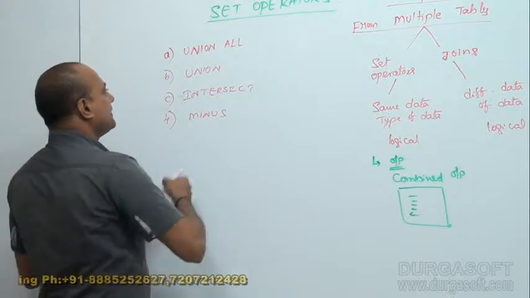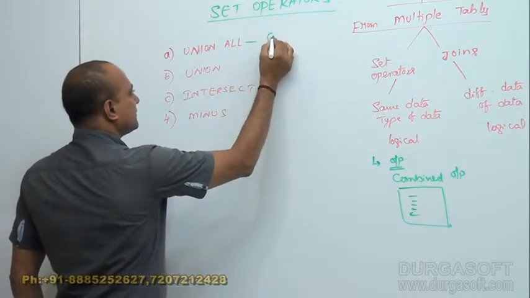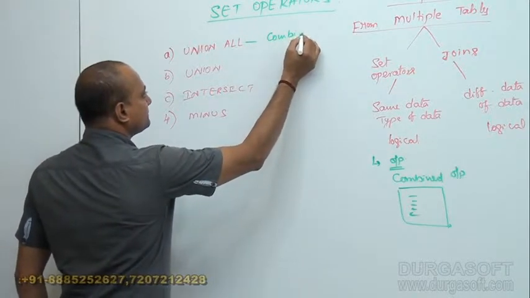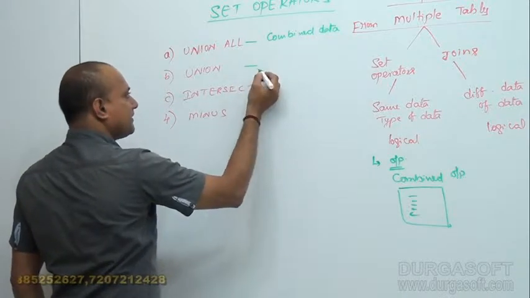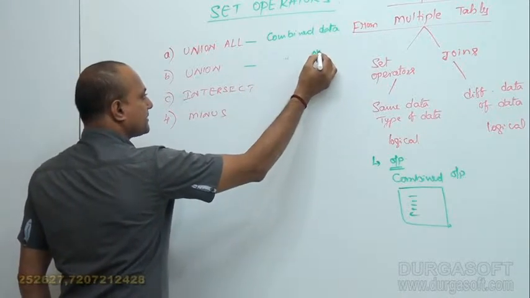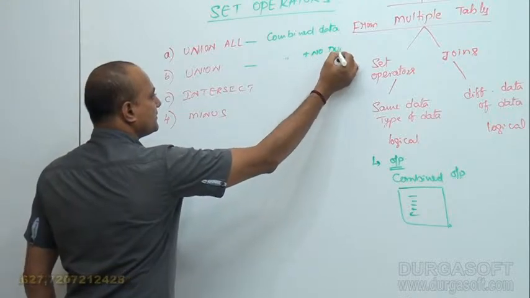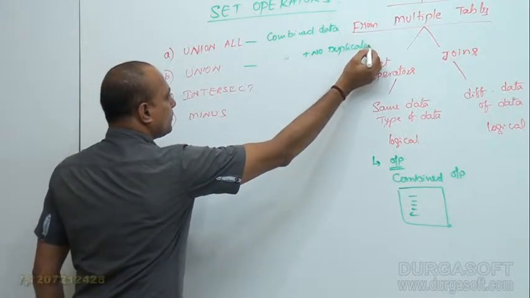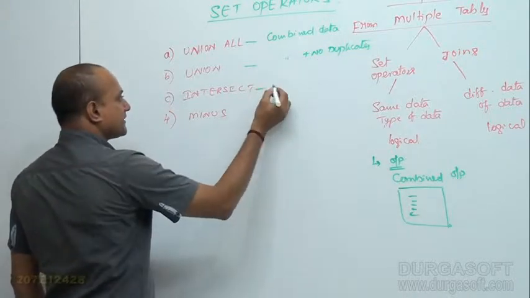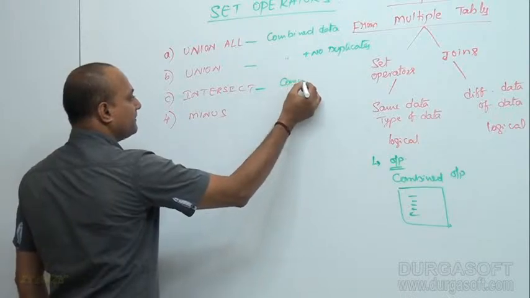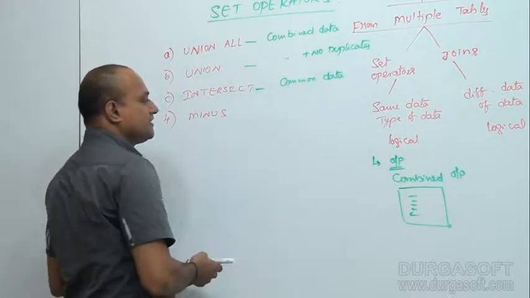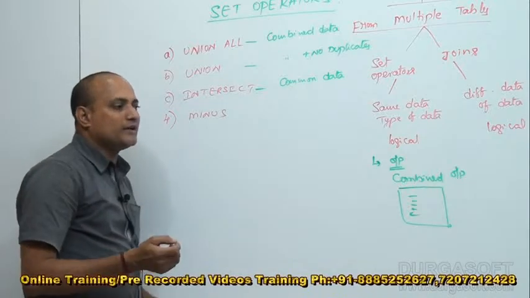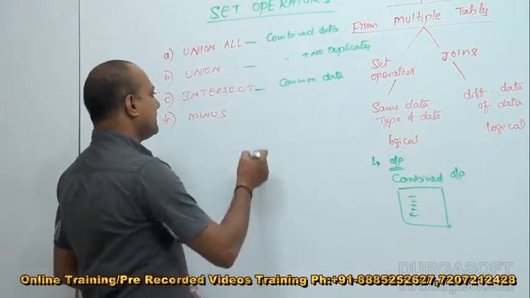Again, I am repeating, union all is combined data along with duplicates; union is combined data but no duplicates, a record will be displayed only once. Intersect gives only common data: if an information is repeating, then only the repeating data will be displayed.